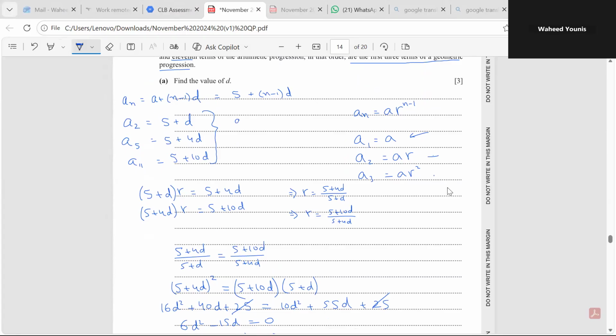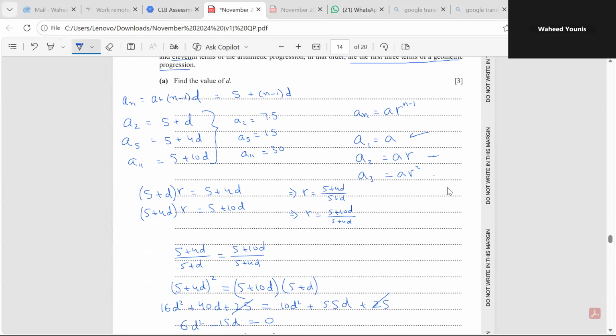The second term would be 5 plus 2.5, which is 7.5. The fifth term is 5 plus 4d, 4d is 10, plus 5 is 15. And the 11th term is 10d, which is 25, plus 5, 30. You can see that yes, they are making up a geometric progression.